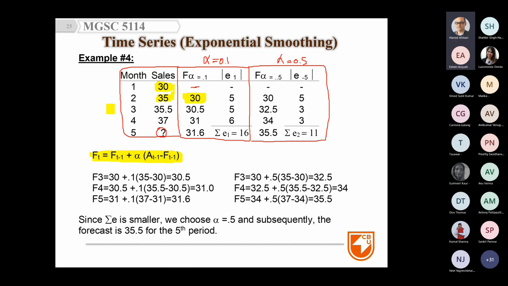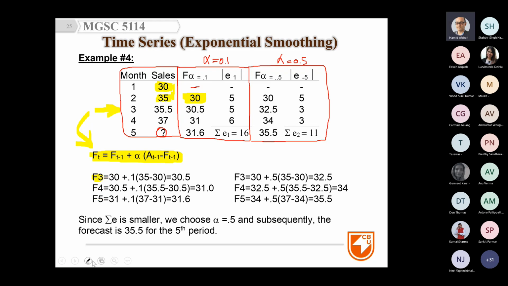Exactly. That's the third period. That is the first period that I can start using these formulas, because that's the first period that I have access to past data, either actual data or forecast data. So F3 is the first thing that I can calculate.